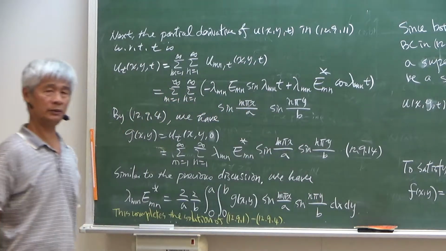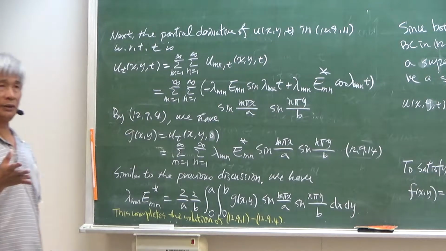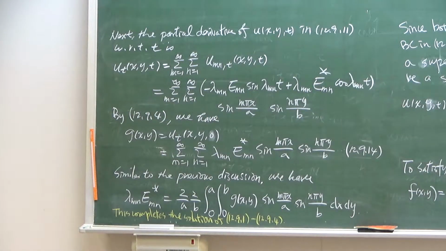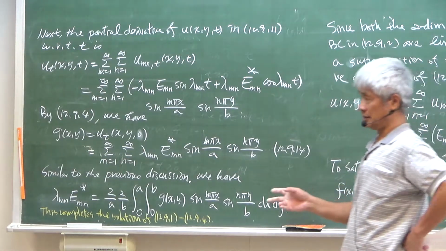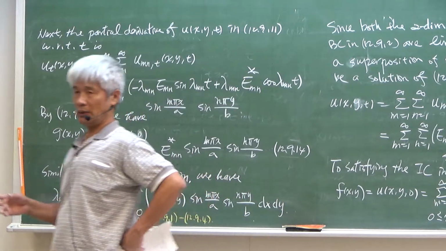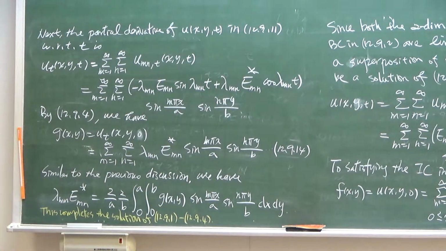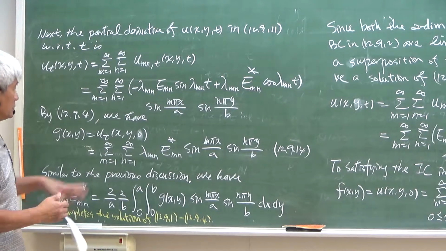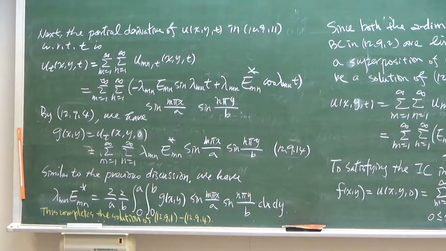We find the solution of the two-dimensional wave equation on a rectangular region with a homogeneous boundary condition and two initial conditions. One specifies the initial displacement, and the second initial condition specifies the initial velocity. And so we know how to solve it. Any questions?